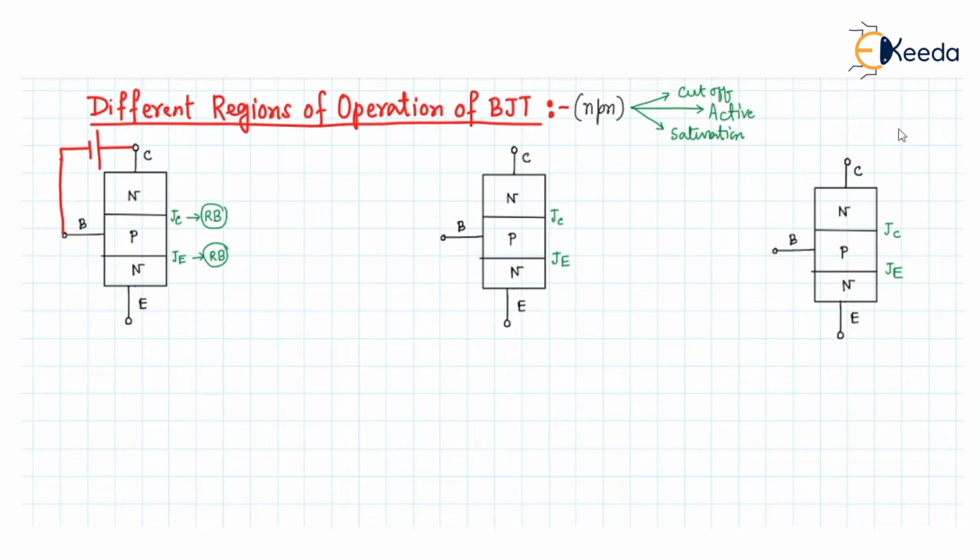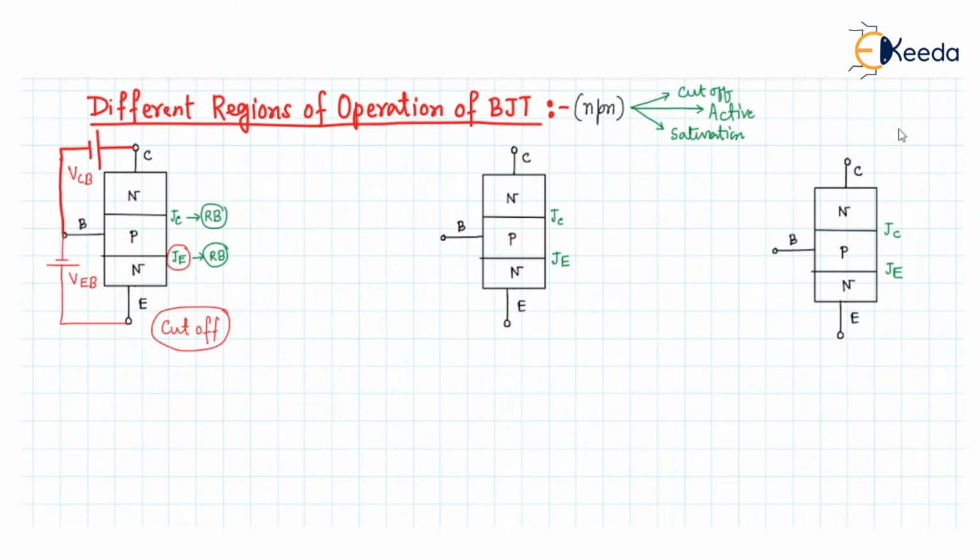Similarly, for the JE junction to be reverse biased, connect a negative potential at the base and a positive potential to the emitter. So this will be the voltage VCB, and this is the voltage VEB. Now this transistor will operate in cutoff.